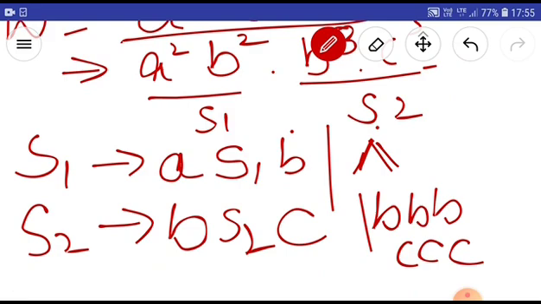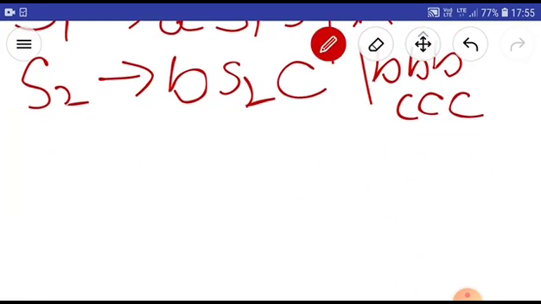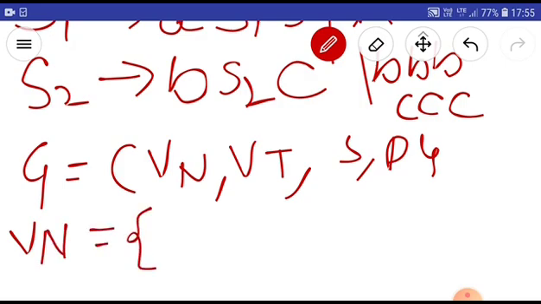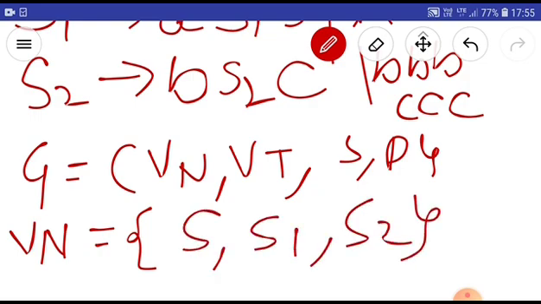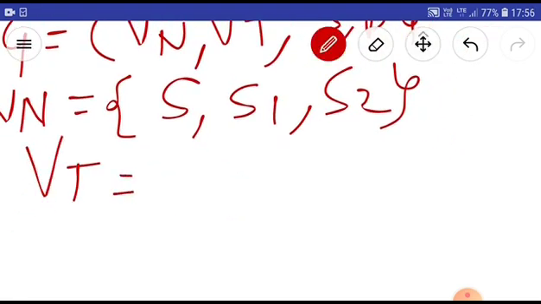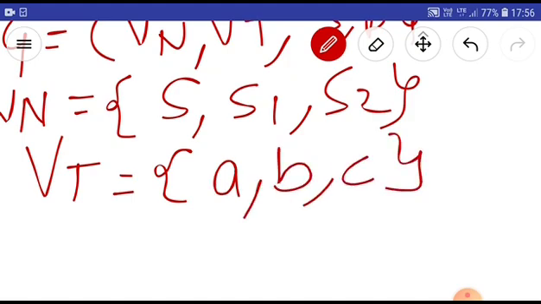So what will be my production rules? Now I can easily generate the grammar. In the grammar I know it will be Vn, Vt, S and P. Vn means the set of all the variables or non-terminals. What will be my non-terminals? S, S1 and S2. Next is Vt, the terminals A, B and C. Next is S, the starting symbol.